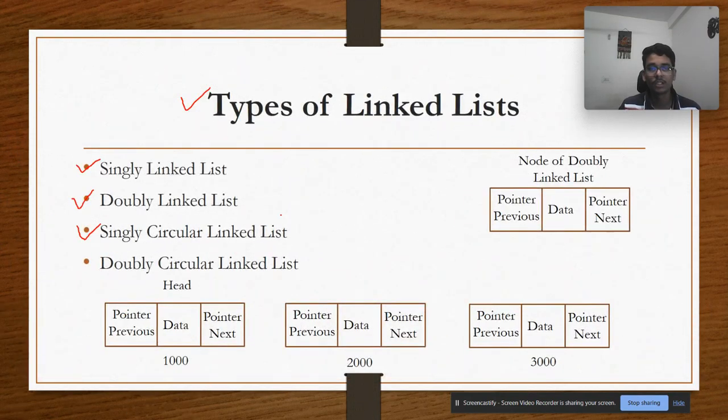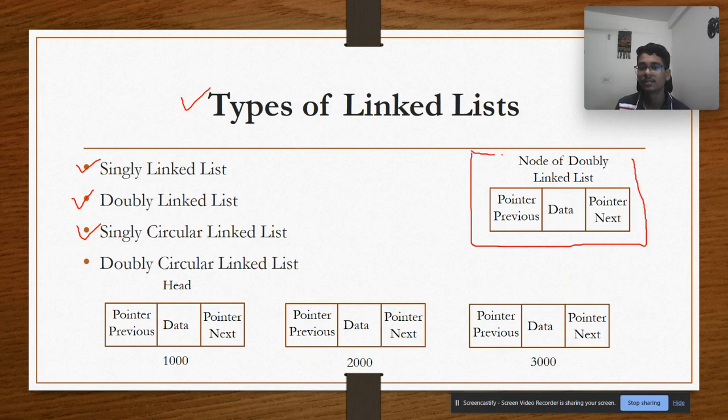Now coming to a doubly linked list, which is a modified singly linked list where the data element is a self-referential structure with one more element present, which is the pointer to the previous.